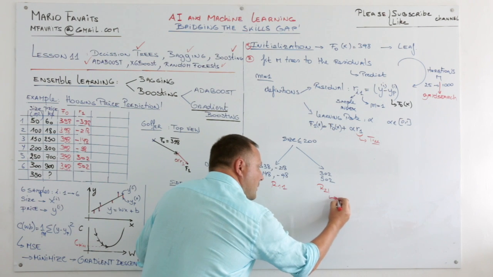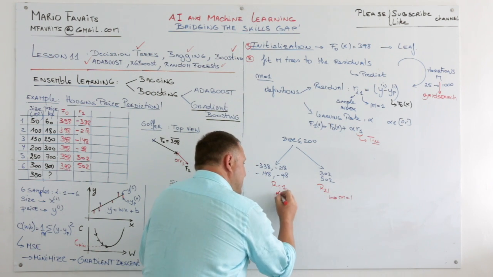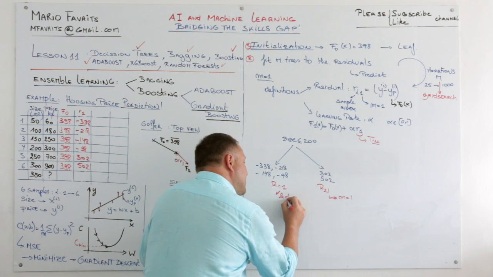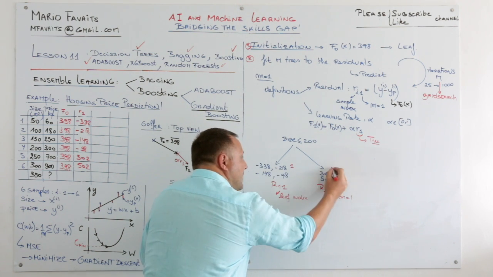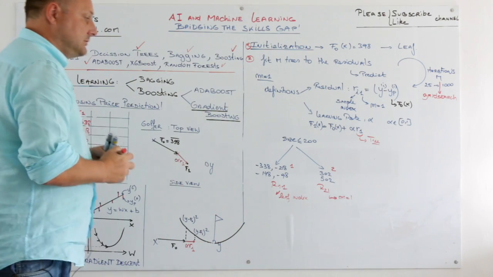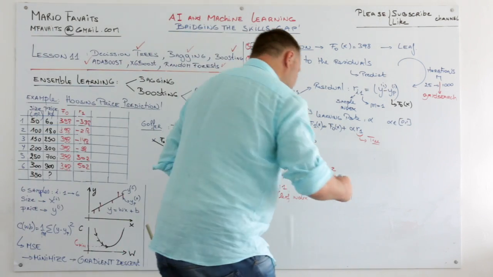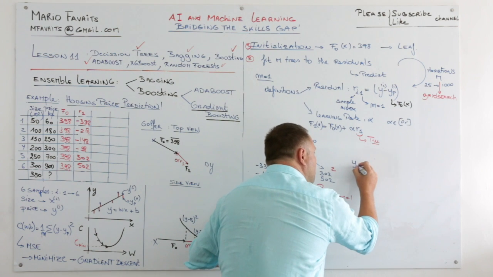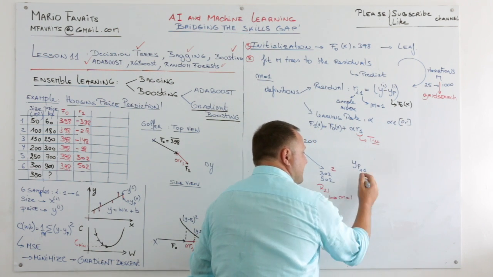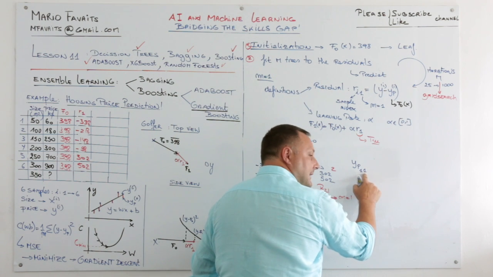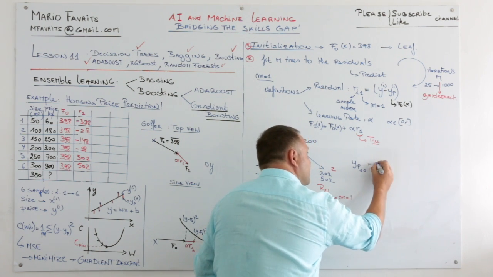The first number refers to the tree number, it's the first tree, and the second is the leaf index. So that's index 1, that's index 2. In order to determine the output, the output is y-predict 1,1.